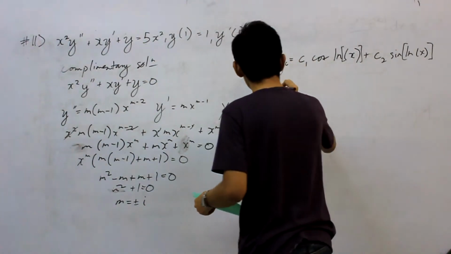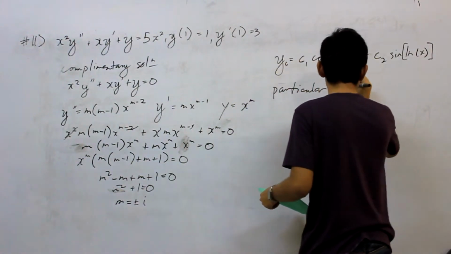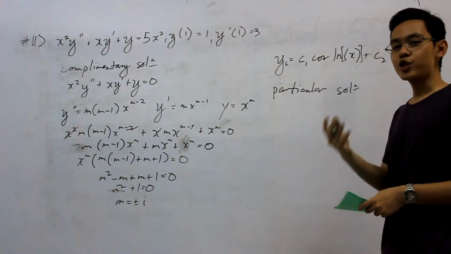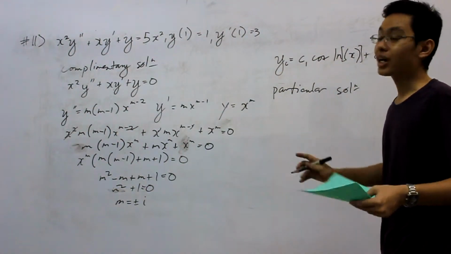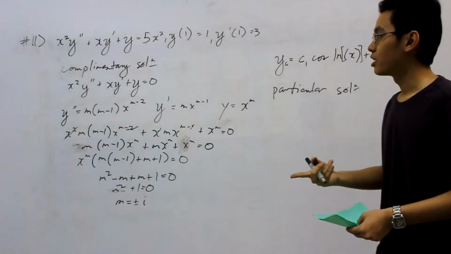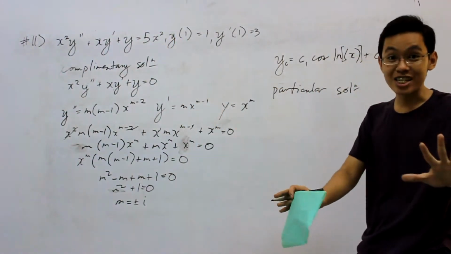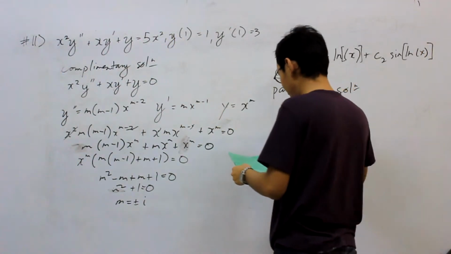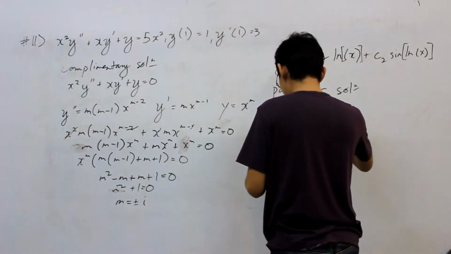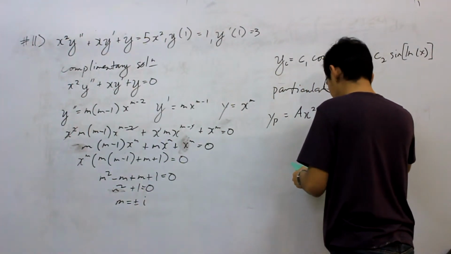To solve for the particular solution, there are certain formats which you can apply for the undetermined coefficient method. And for this one, since this is 5x squared, there's a certain formula for this. So we'll use that. y sub p is equal to ax squared plus bx plus c.